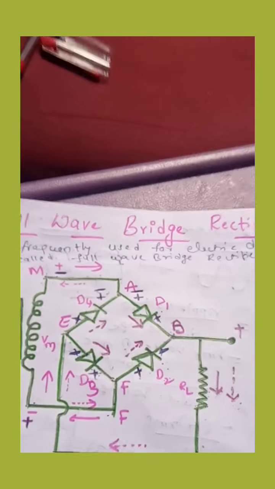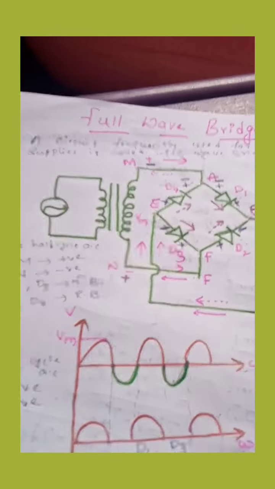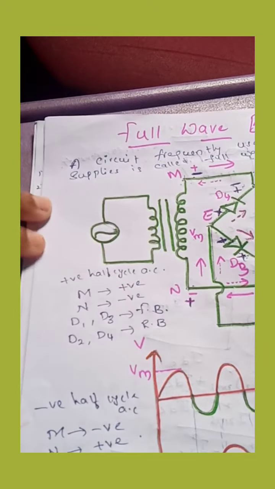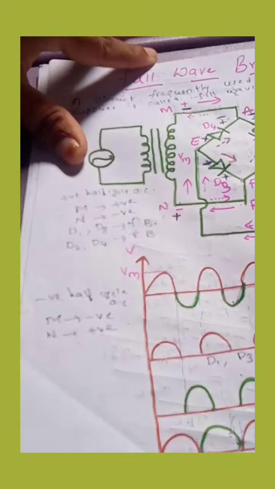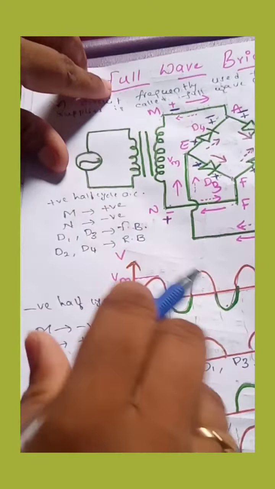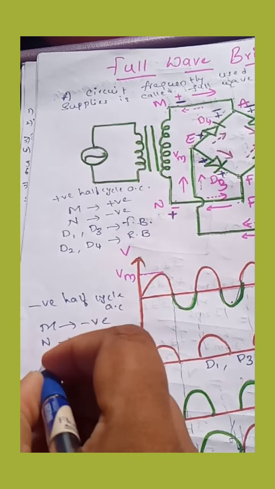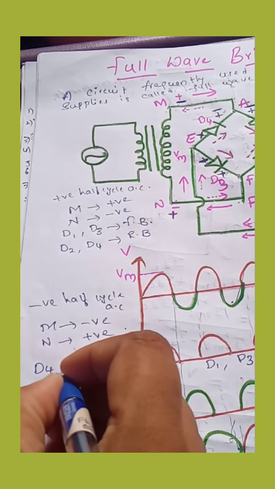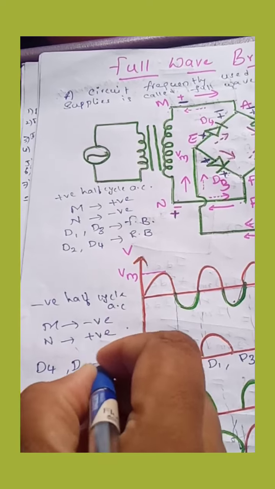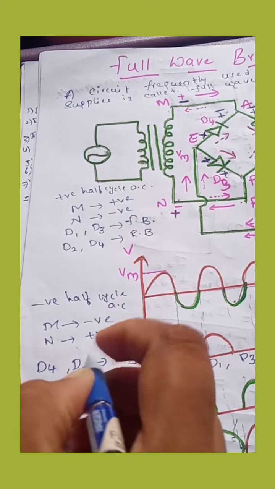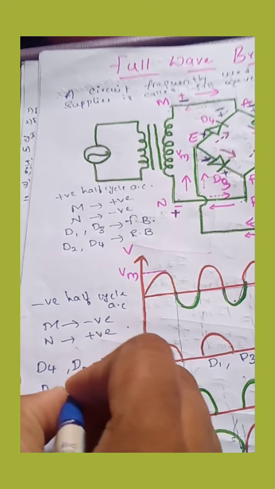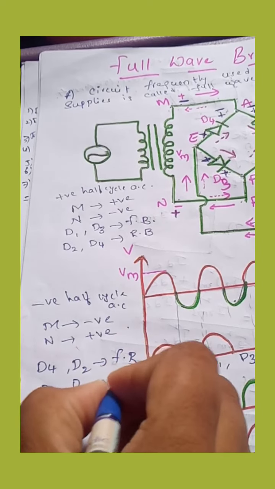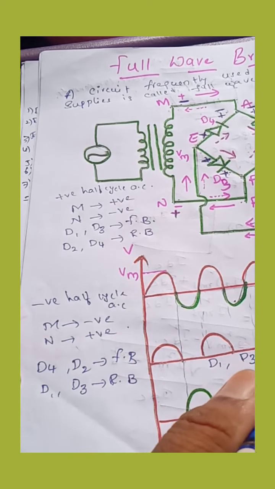So what is happening? Here D4 and D2 are forward biased. D1, D3 are reverse biased.